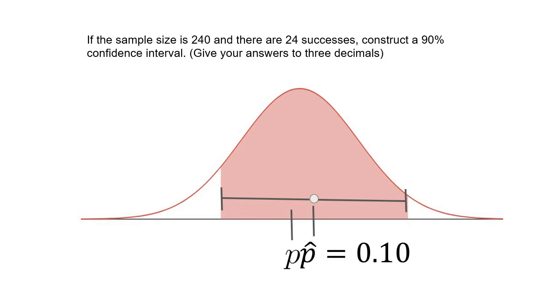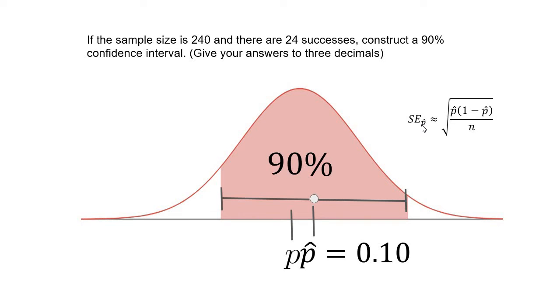So I need to know something about the spread of the sampling distribution, and thank goodness the standard deviation of the sampling distribution is what we call the standard error. We don't actually know the standard error unless we know the population proportion, so we're going to use the sample proportion, p hat, to estimate it.